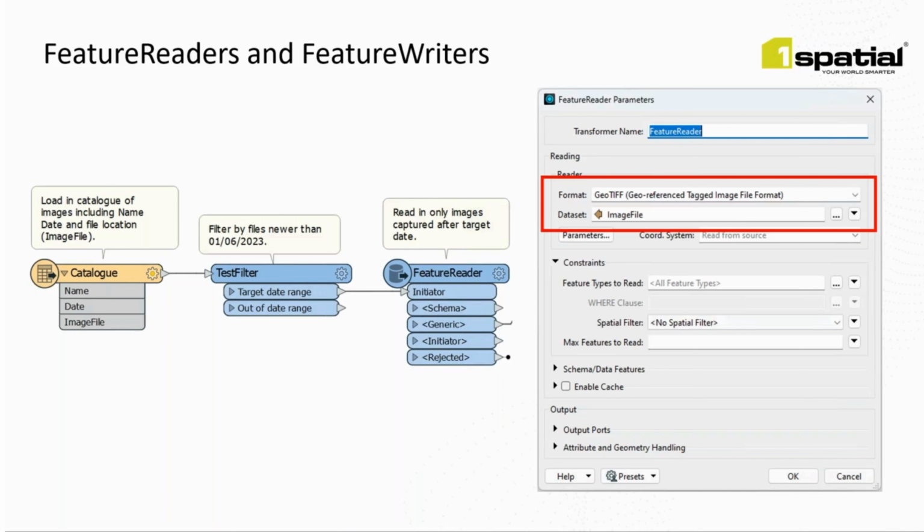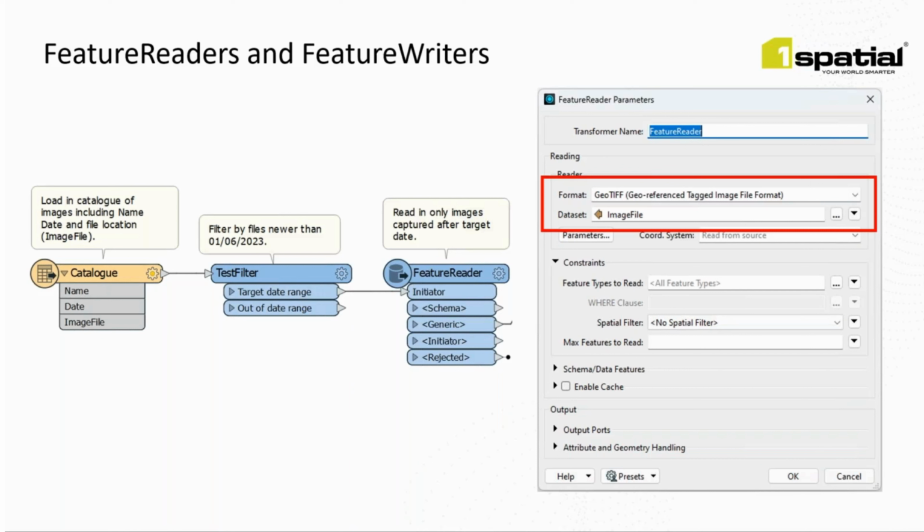There are a few other key differences here to note compared to a conventional reader. Firstly, the initiating feature or features can have attributes, and therefore these attributes can be used to influence the various ways in which feature readers behave and the features that it is actually used to read into the workspace downstream.